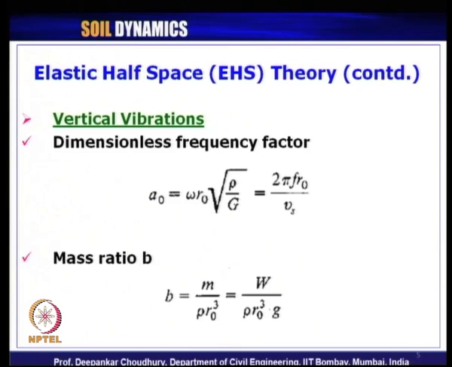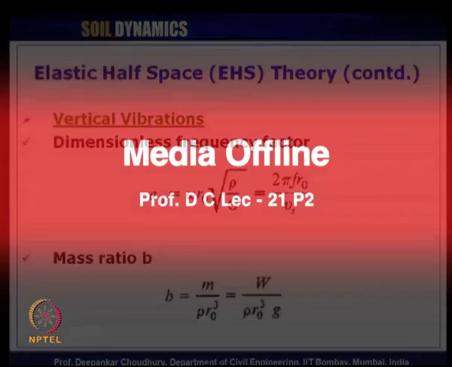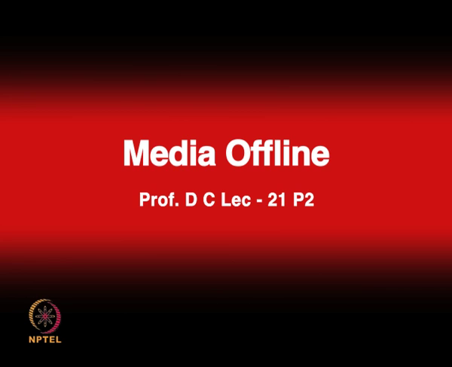Now, Lysmer has established the amplitude of oscillatory motion. It is given by this expression: A z equals q naught by g r naught, root over f1 square plus f2 square by 1 minus b a naught square f1 whole square plus b a naught square f2 whole square.